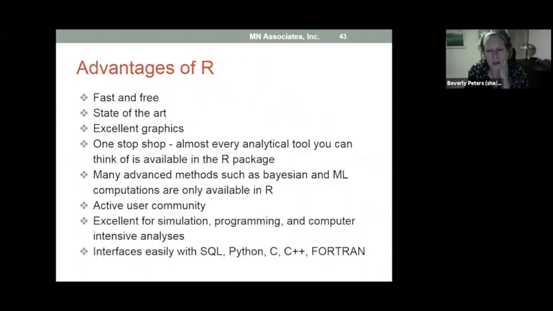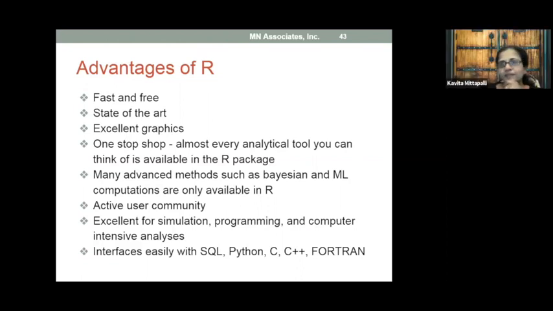Kavita, there's a question: is coding a necessary skill if you want to work in quant evaluations? If you ask me, I would say yes, because it gives you the flexibility of doing high-level analysis. The point and click method generally doesn't work very well when you have very large data sets and you want to really do some beautiful data visualizations, infographics, and heat maps.